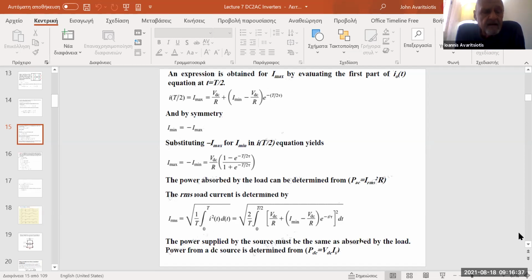And as I told you, when you come to the calculation of power, you have to use RMS values of currents and RMS values of voltages. So it is necessary here to calculate the RMS value of the current flowing through the resistive part of the load, and of course through the inductive part of the load, which is connected in series, and multiply the square of the RMS value of the current by resistance R of the resistive load.